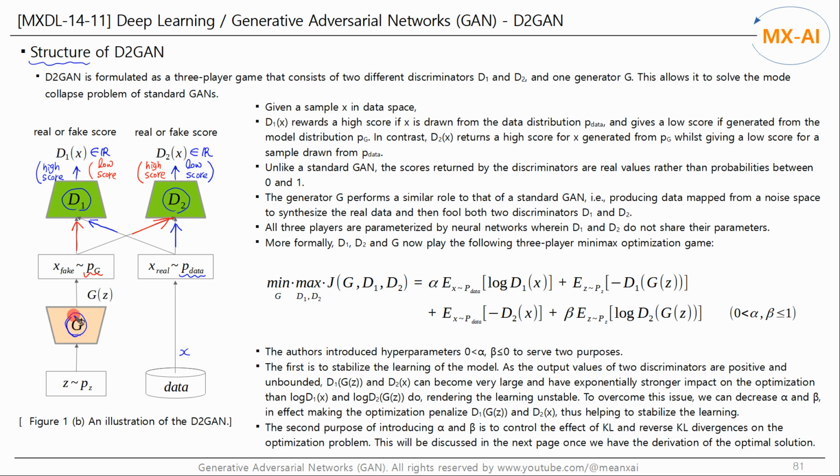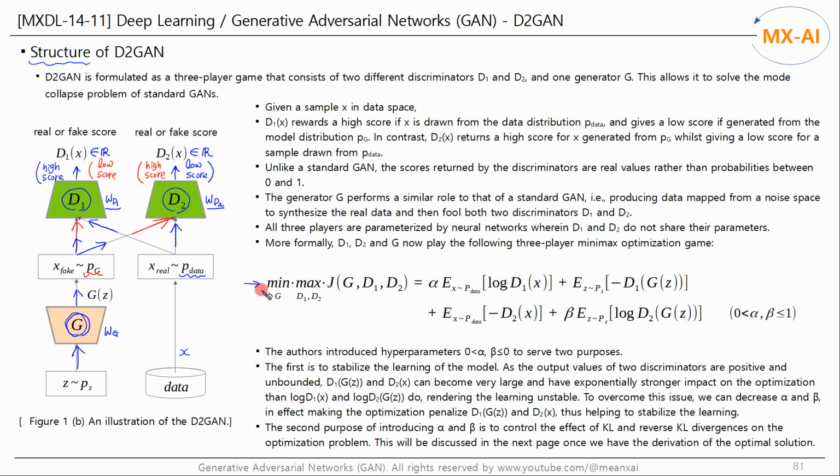The generator G performs a similar role to that of a standard GAN, i.e., producing data mapped from a noise space to synthesize the real data, and then fool both discriminators D1 and D2. All three players are parameterized by neural networks, wherein D1 and D2 do not share their parameters.